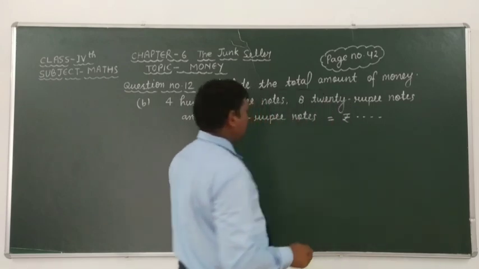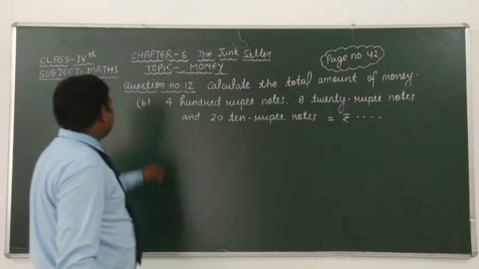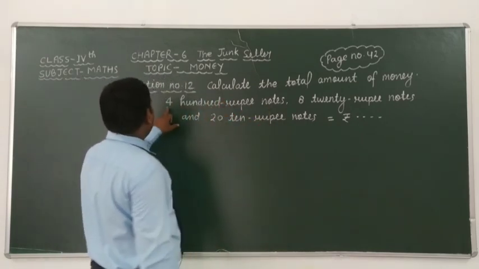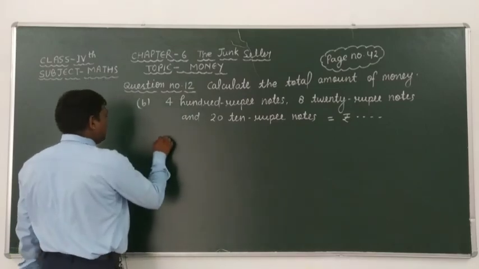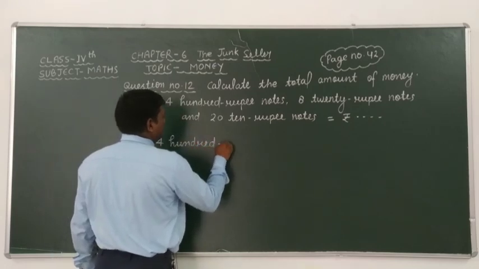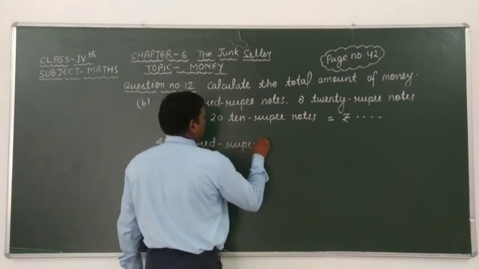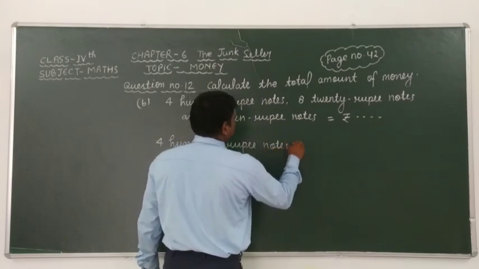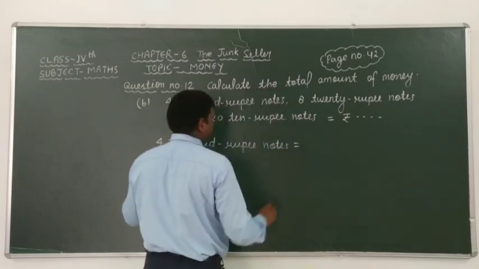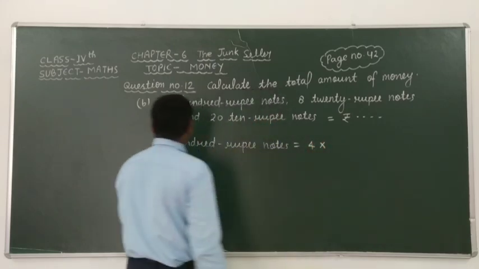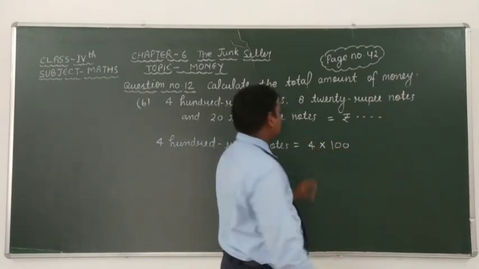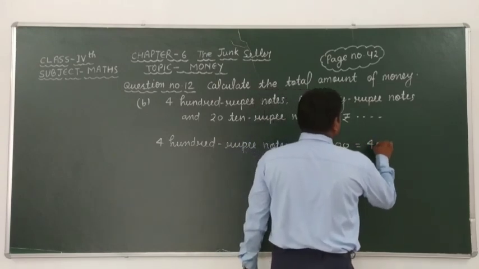Okay, sons, look at here carefully. In this question here given that 4 100 rupees notes, it means that 4 100 rupee notes is equal to rupees, look here given that 4 into here given that 100, it means that if we take the multiplication of 100 and 4, then we get 400 rupees.